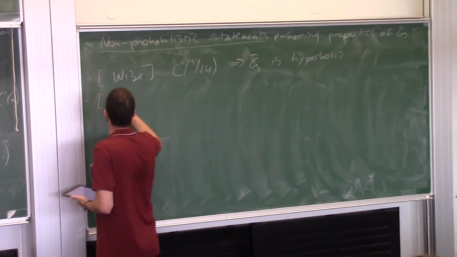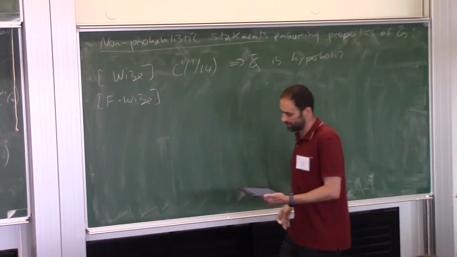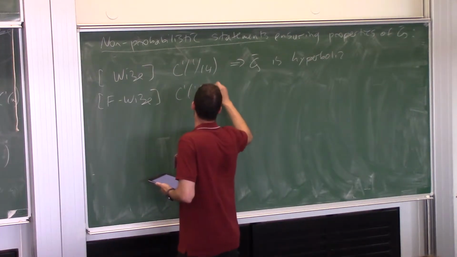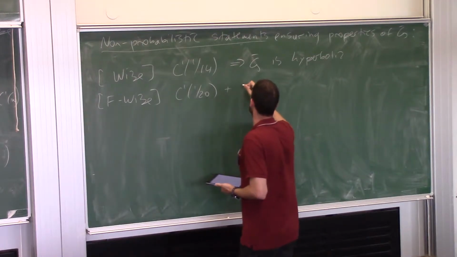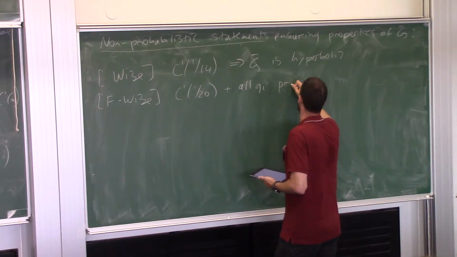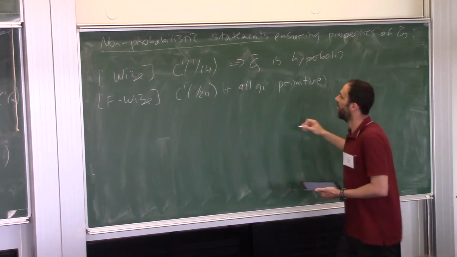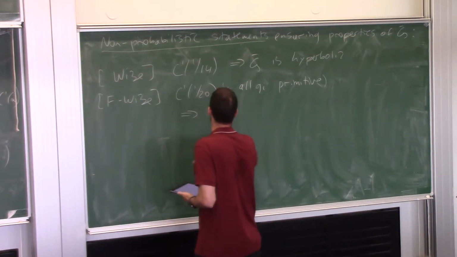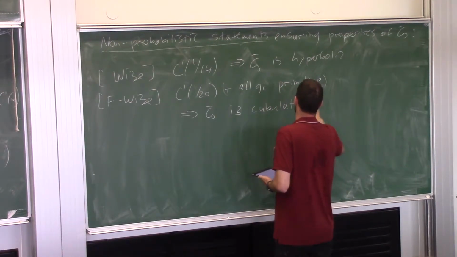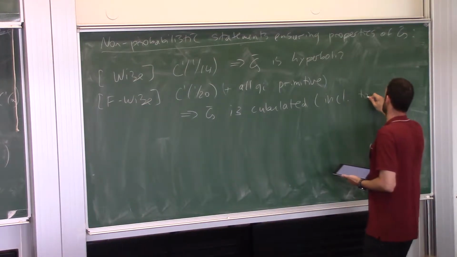And the thing that's probably implicit in Dani's manuscript, but we had to upgrade a little bit together, is that C prime 1/20 plus all G_i primitive implies that the quotient group is cubulated, which includes the statement of this quotient group.